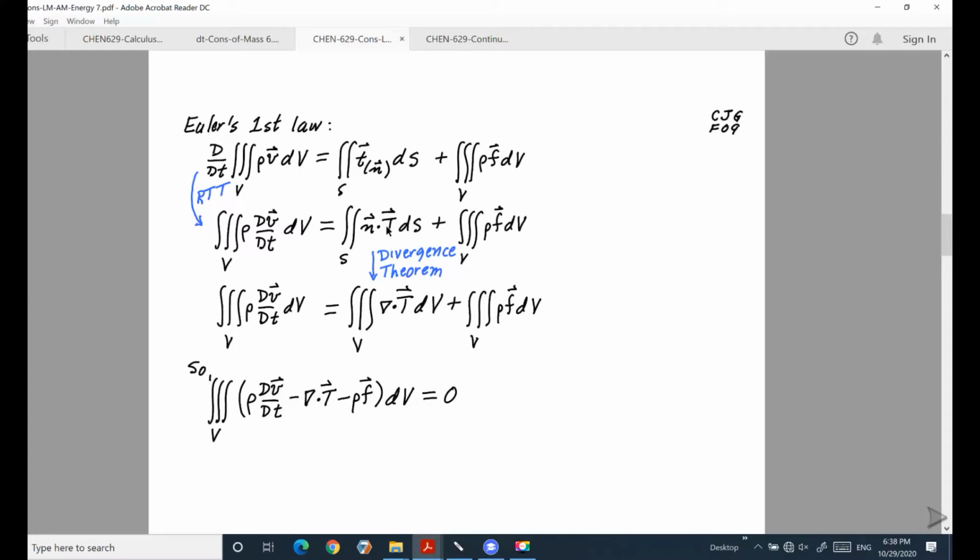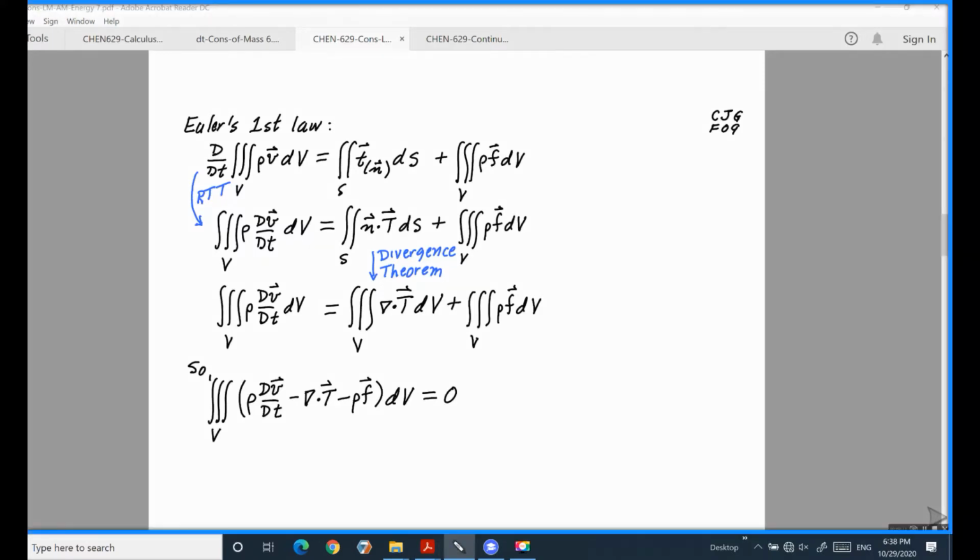From the divergence theorem, if you remember what the divergence theorem was saying, the divergence of T dV is equal to the surface integral of n dot T dS. These two are equal because of the divergence theorem. So instead of that one, we can write this one, which is the divergence of the stress tensor.